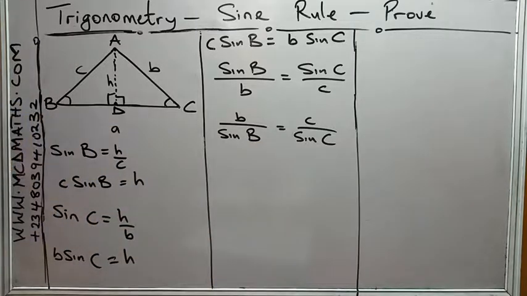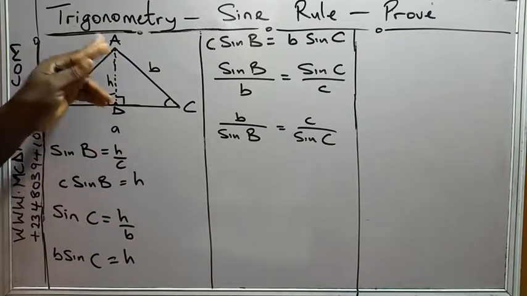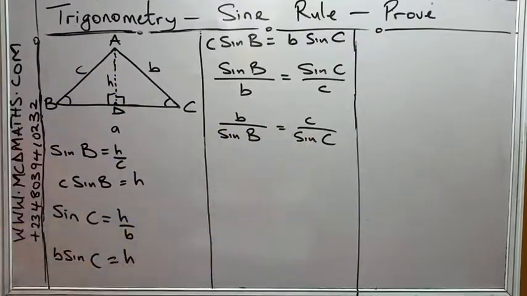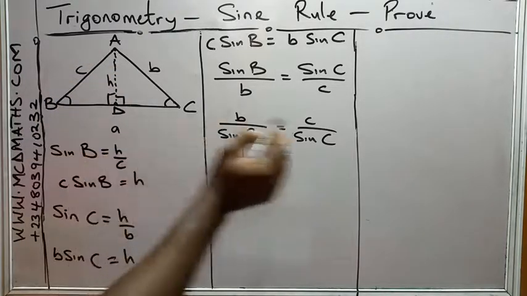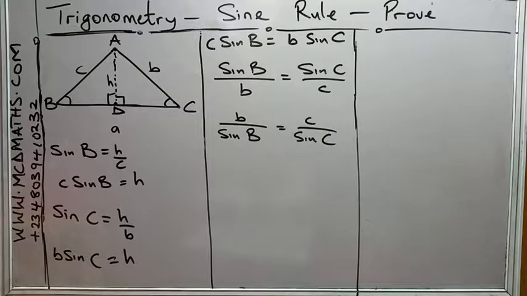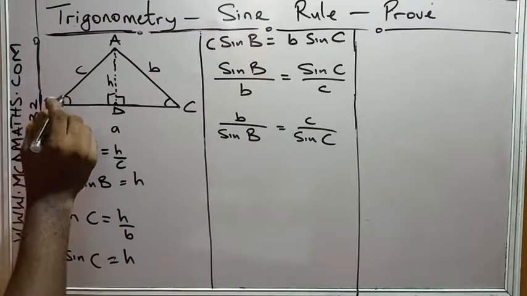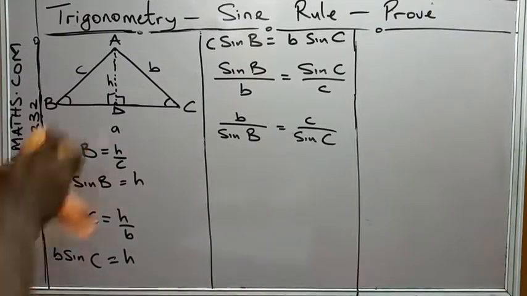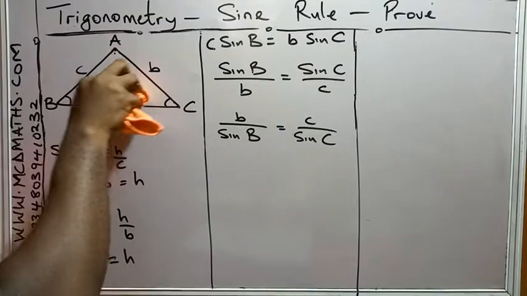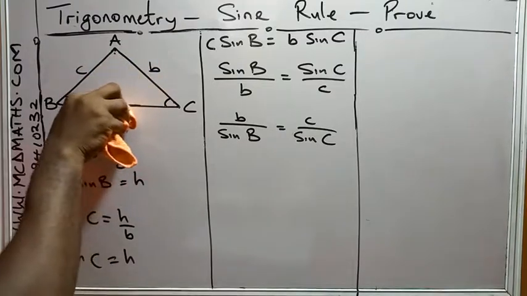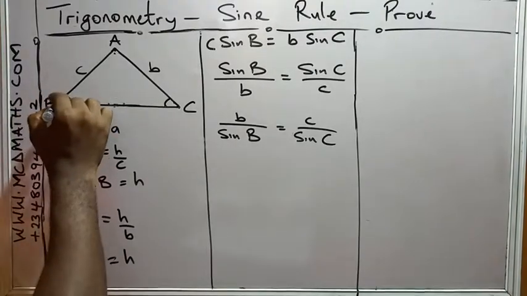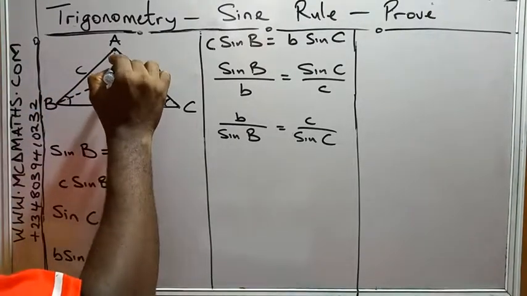Of course, we have to prove it again to include A, because if B over sine B equals C over sine C, from symmetry, I can tell you that it will also be equal to A over sine A. But if you want to prove that, you can take out this point D, and then create the height here, which will meet at 90 degrees.